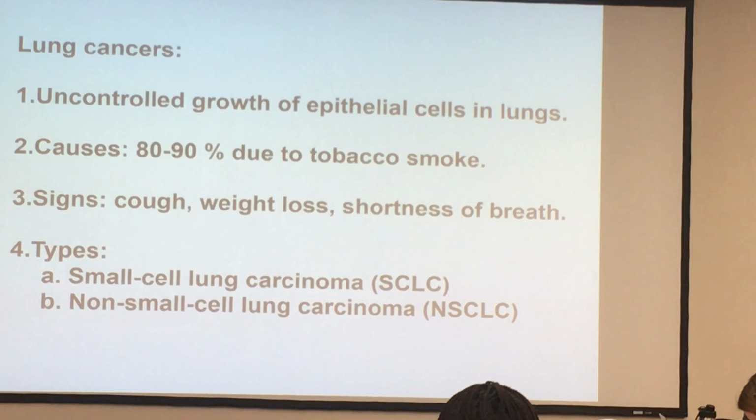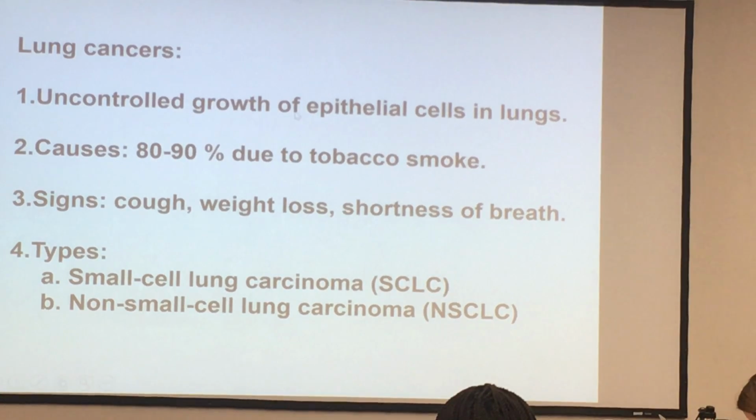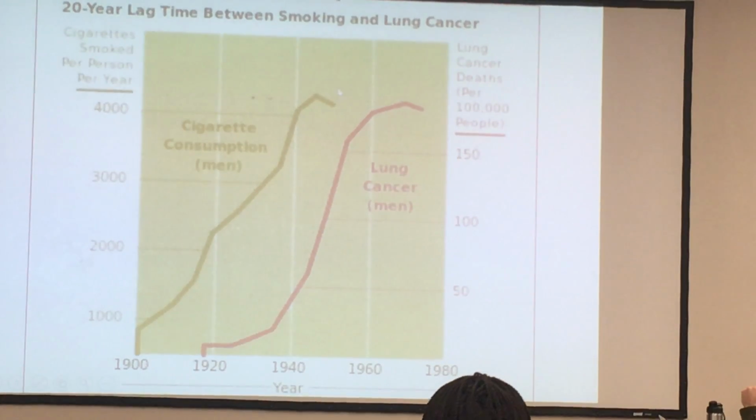The other thing besides the diseases I mentioned is cancer. Usually this epithelial cell grows with uncontrolled growth. 80 to 90% is related to smoking, and usually the first signs are cough and weight loss. There could be different types, small cell and non-small cell, but don't worry about that. It's related to the behavior of smoking.